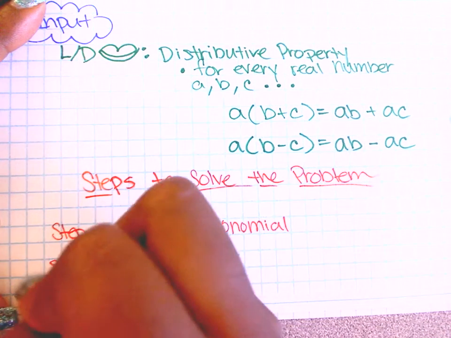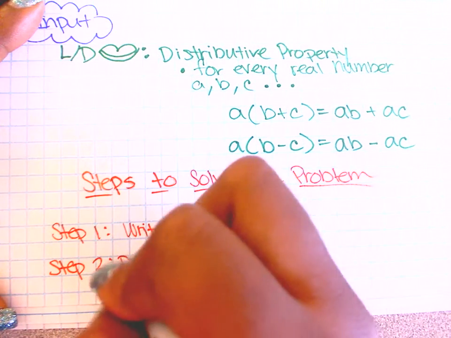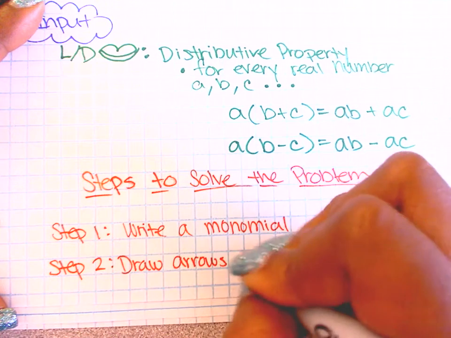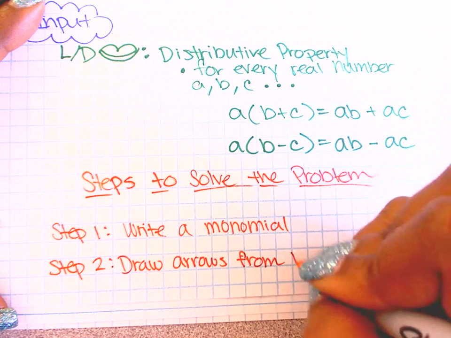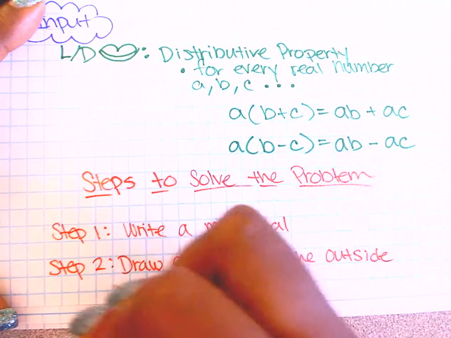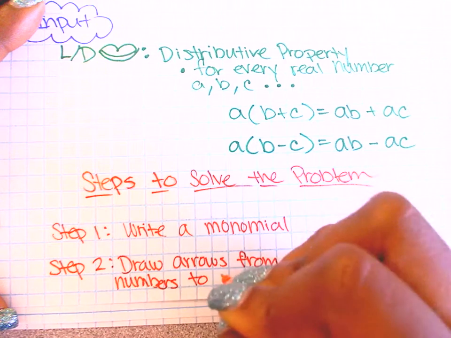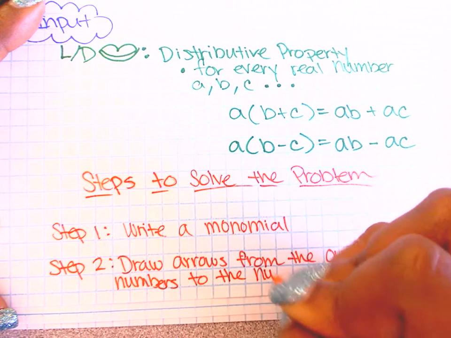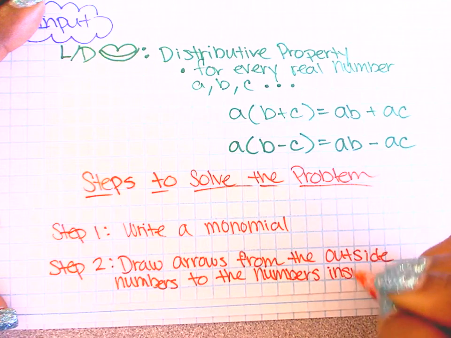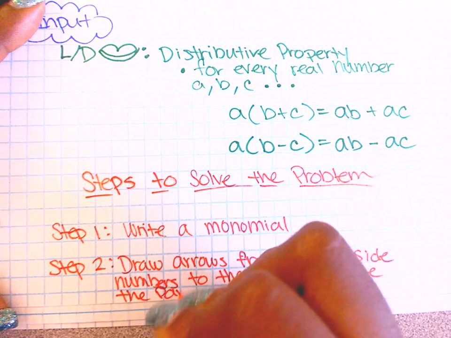Step two. You're going to draw arrows from the outside numbers to the numbers inside the parentheses.